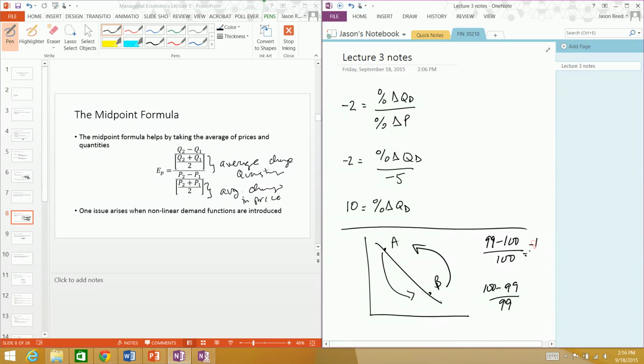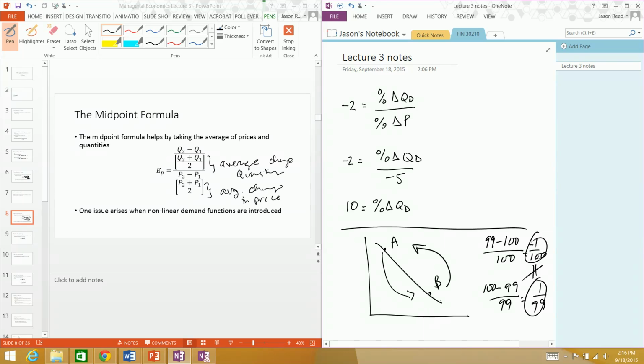We have negative 1 over 100, and then here we have positive 1 over 99. If we take the absolute value of these, we can still see that this is not equal to this. We don't have that equality there.